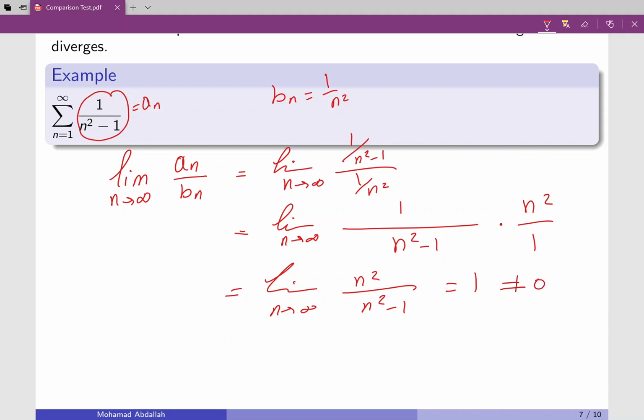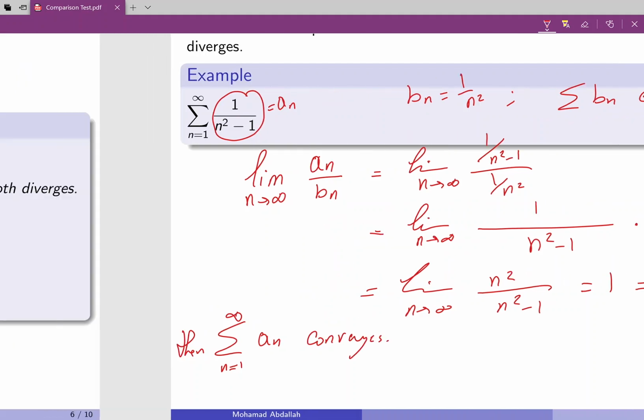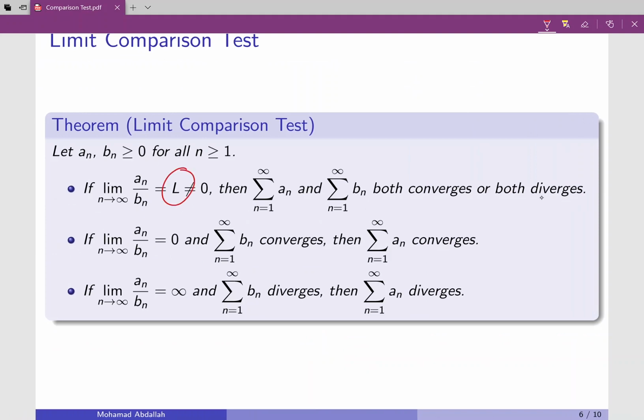So this corresponds to the first situation in the theorem. Since I know that the summation of bn is convergent as it's a p-series, you can conclude that the summation of an from n equal 1 to infinity converges. So again, this belongs to the situation where I found that L is equal to 1.